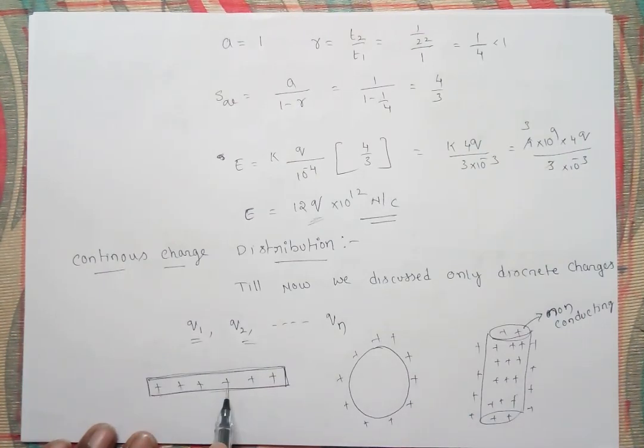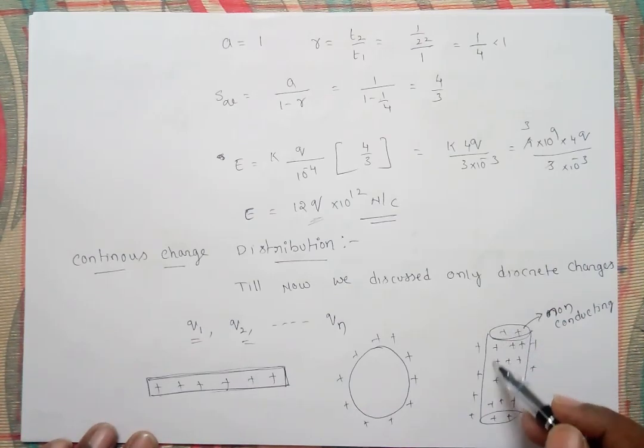So when charge is present lengthwise, we take linear charge density; when surface-wise and equally distributed, surface charge density; and when completely throughout the body, we go for volume charge density. Because if you know those densities, and you want to find the electric field intensity due to a small amount of length, area, or volume, we can calculate the charge first, then integrate it to find the total charge present over the surface.